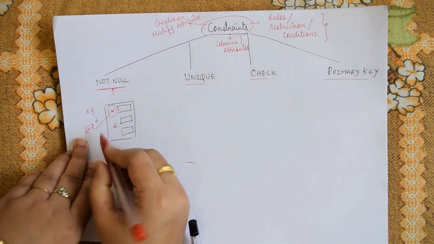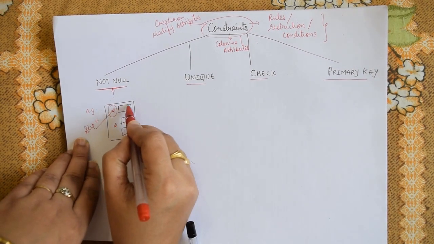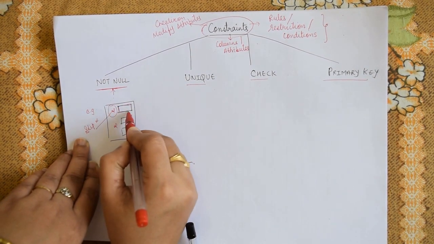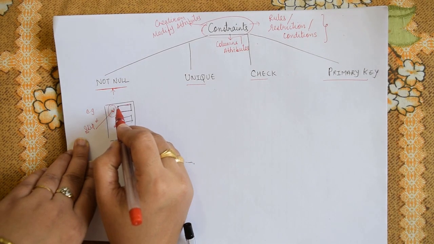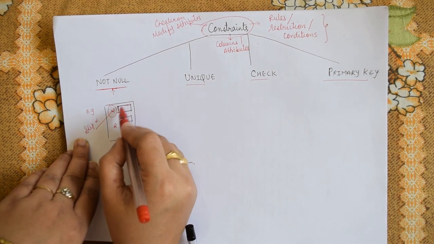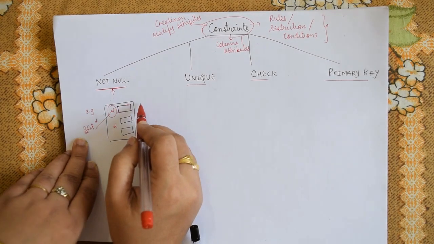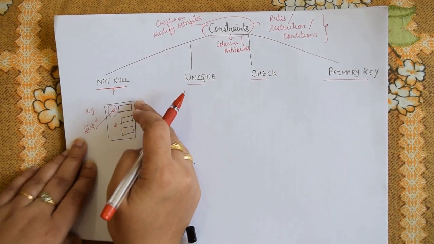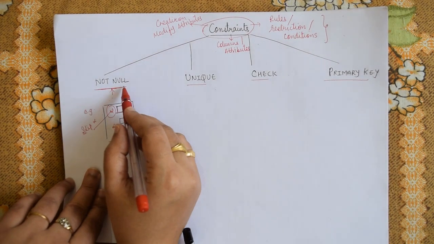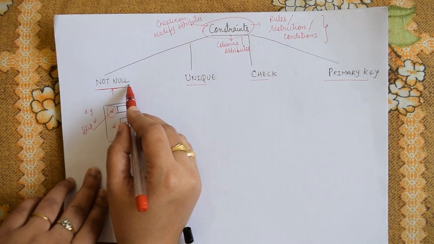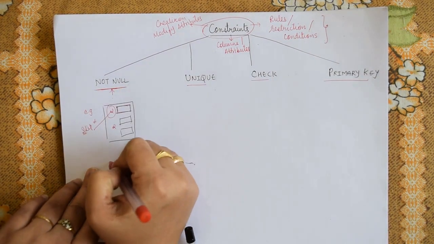We always have to write something in this field, and unless and until we write the information, your page will not move, and you cannot move to the next page. That is what the not null constraint is. You should always have some value.